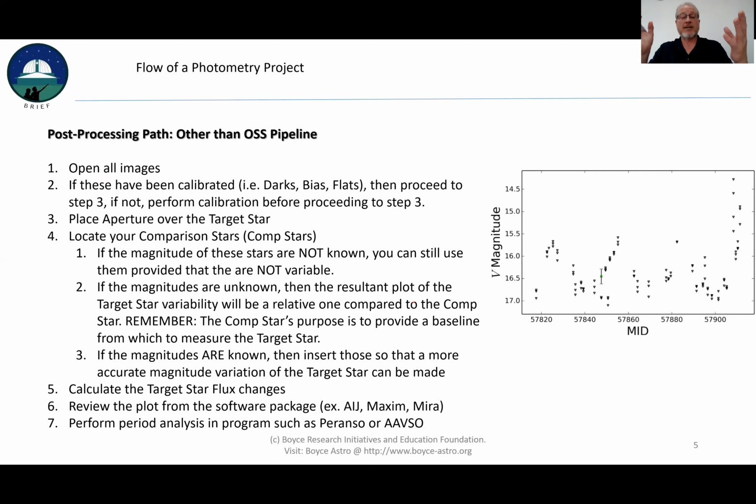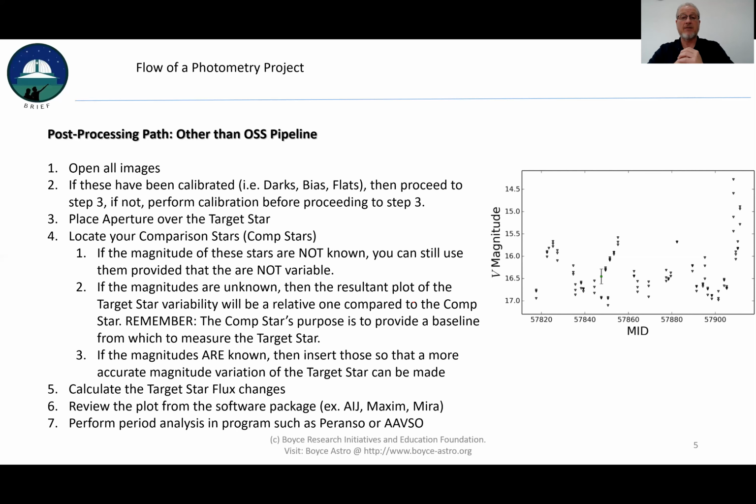The post-processing path, other than running images through the OSS pipeline: you need to open all images. If they've been calibrated, then move on to the next step. If they haven't, calibrate them, darks, bias, flats. Place an aperture over that target star. Then locate your comparison stars. If the magnitudes of those are known, such as APASS or Landolt or in the AAVSO chart, that's fantastic.